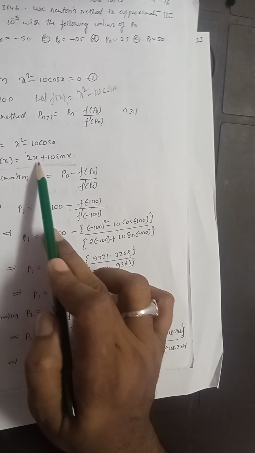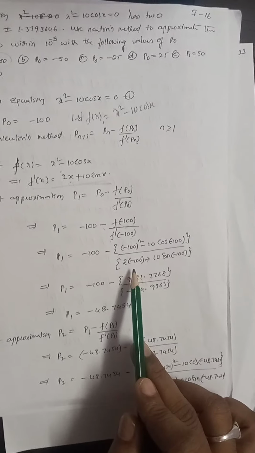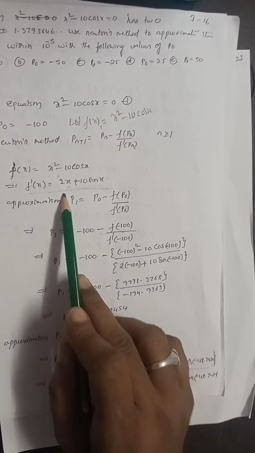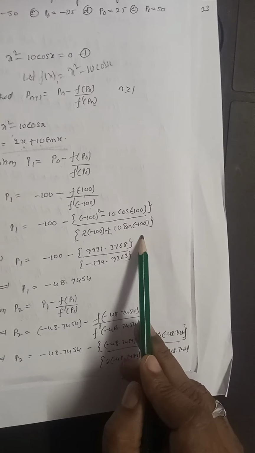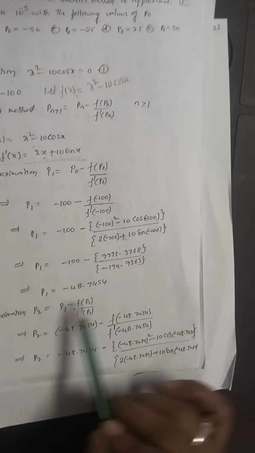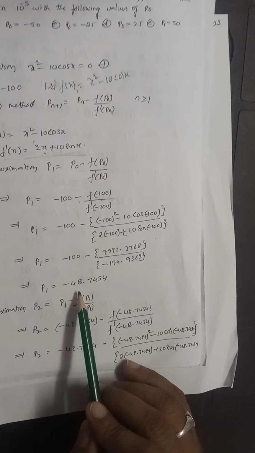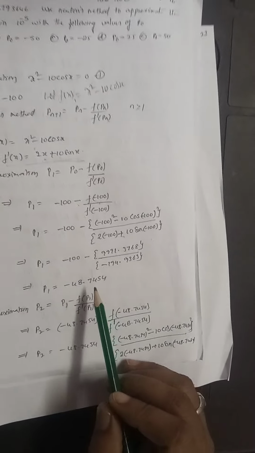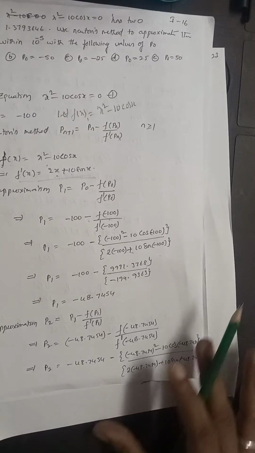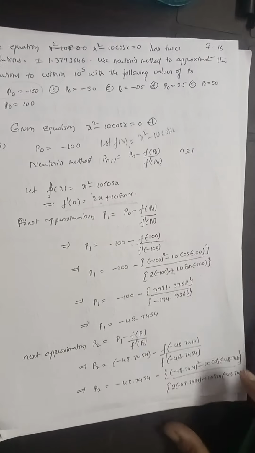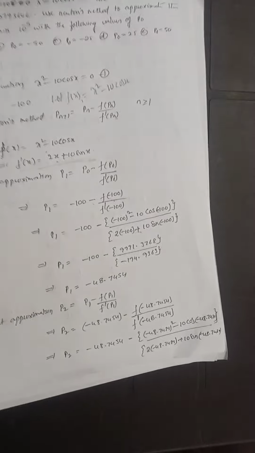In the place of x I have to substitute minus 100, right. Now 2 into minus 100 plus 10 into sine of minus 100. Now if you simplify this one, I am getting p1 value as minus 48.7454. If you want you can write 2 more decimals, right, 6 decimals దాకా రాయొచ్చు. నేను రౌండింగ్ ఆఫ్ నెంబర్స్ చేసేసి 4 decimal places రాస్తున్నాను.